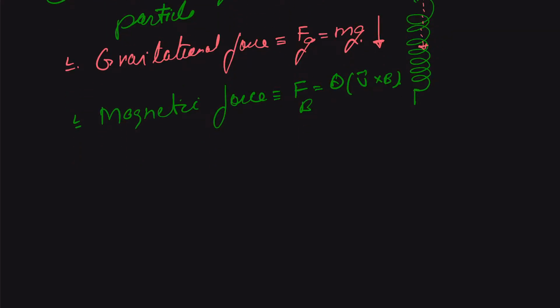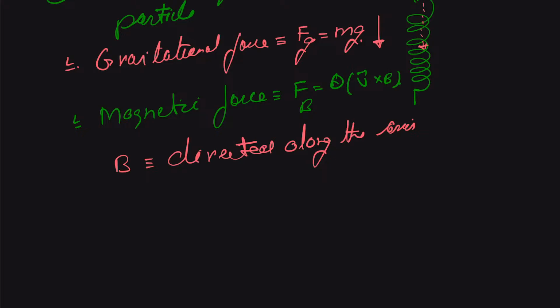So we have to remember that our magnetic field B is directed along the axis of the solenoid.